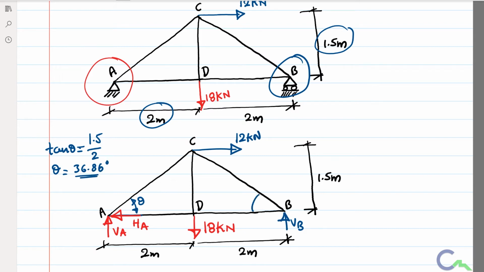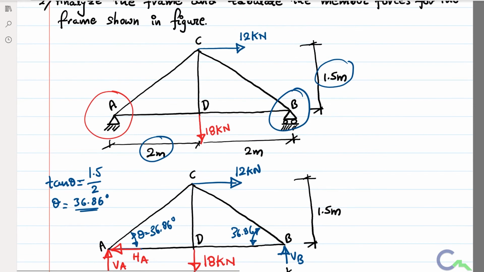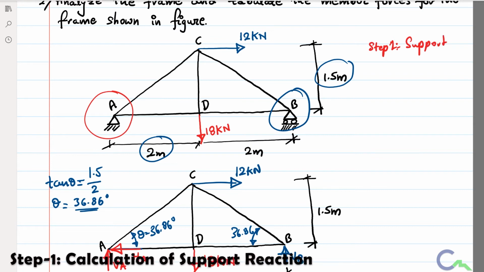I can write here also 36.86 degree, and here also 36.86 degree. So the first step in the analysis of truss, step number 1, I can write support reaction.